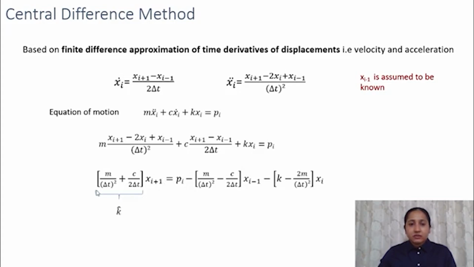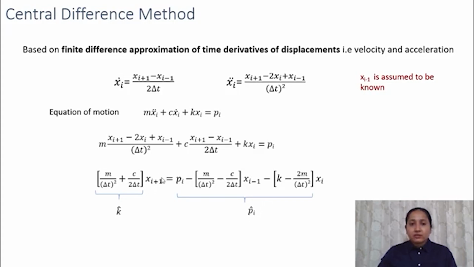So we can represent this value as an effective stiffness, and the right hand side, which is force minus these terms, we can express as an effective force, because the unit of every term in the right hand side is that of force.